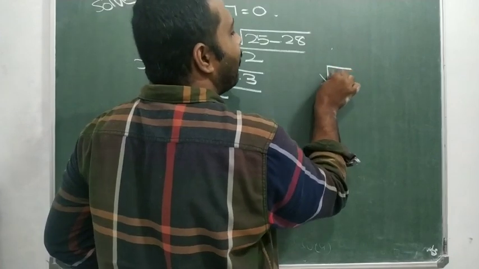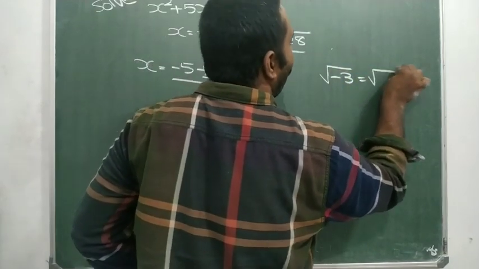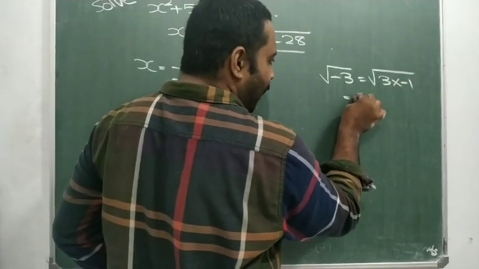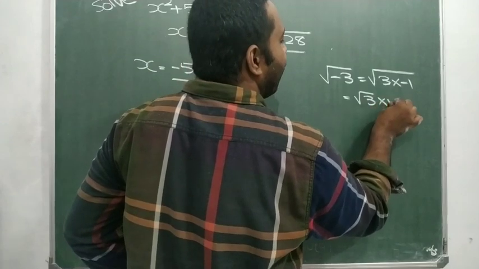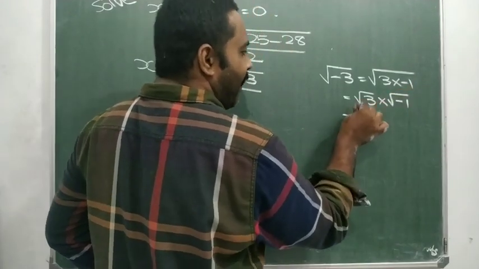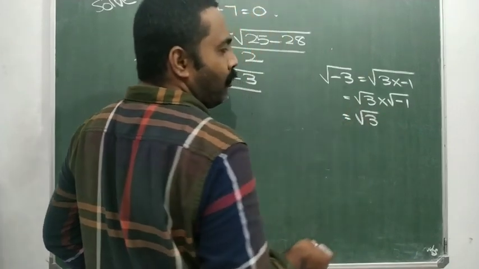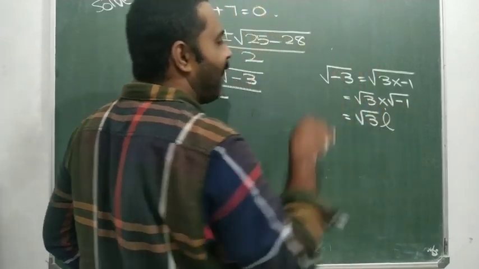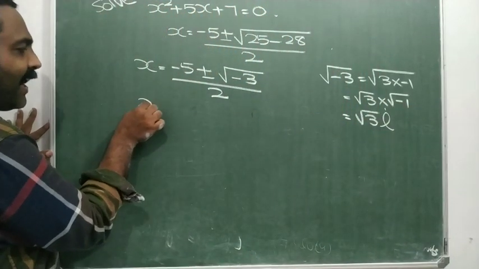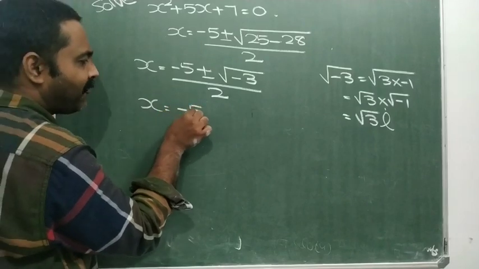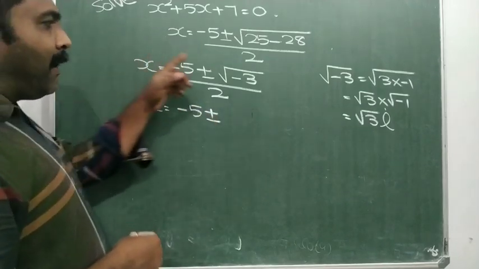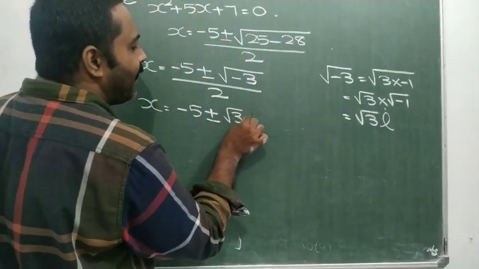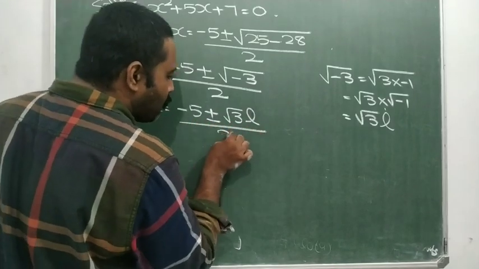Therefore √-3 can be written in the form √3 into -1. That will be equal to √3 into √-1. √-1 is I. That is x is equal to -5 ± replace √-3 by √3i, by 2.